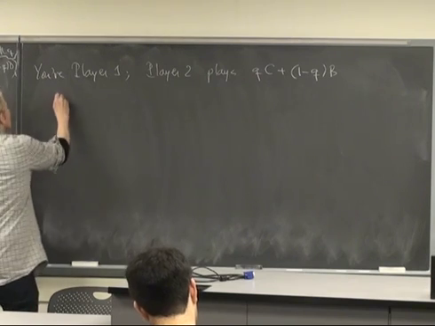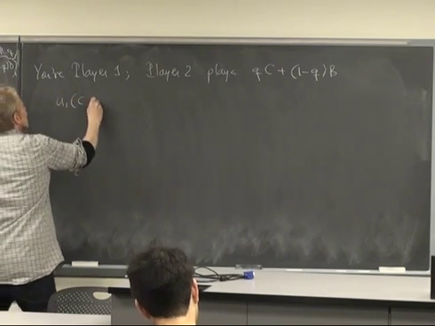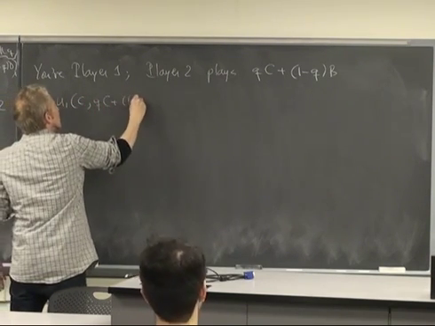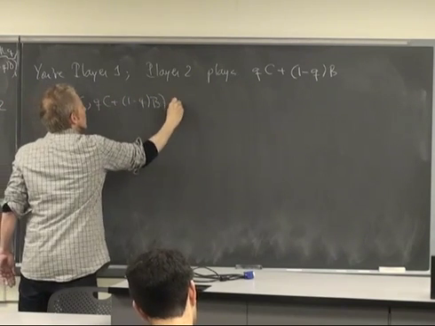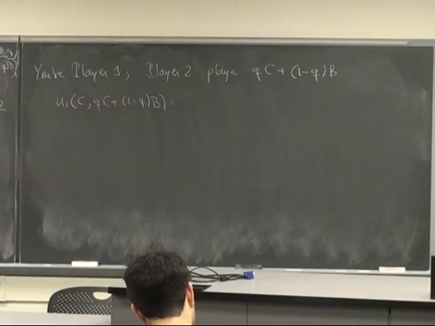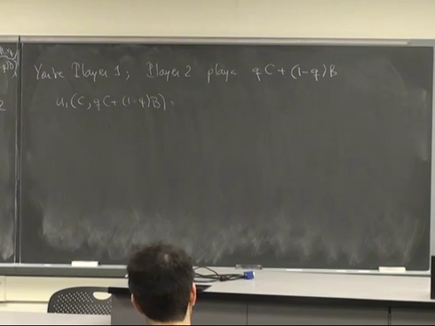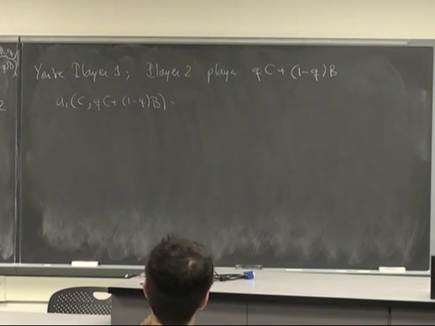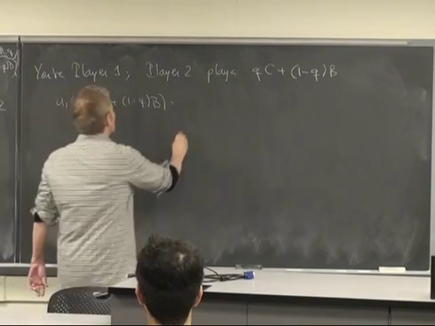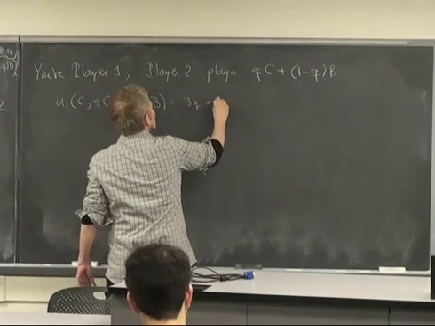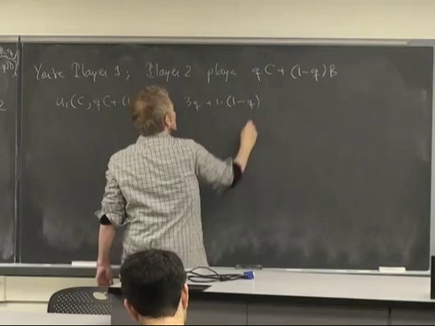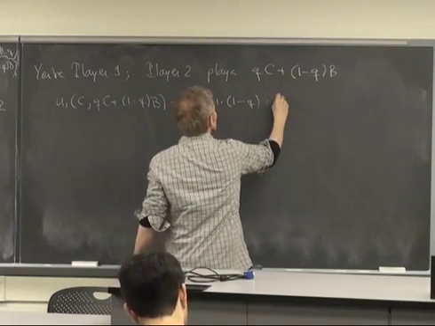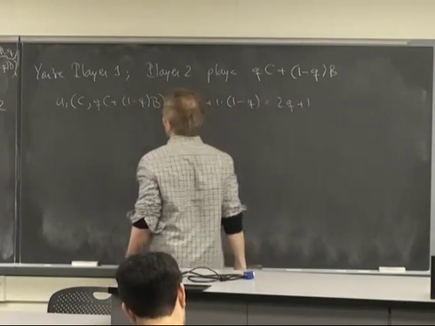All right? What's your payoff to playing C against that? Tell me what to put there. Yes, 3Q plus 1 times 1 minus Q. And that simplifies to 2Q plus 1.